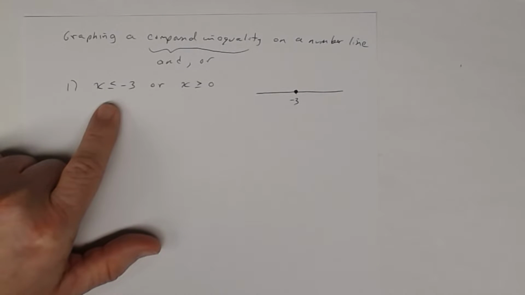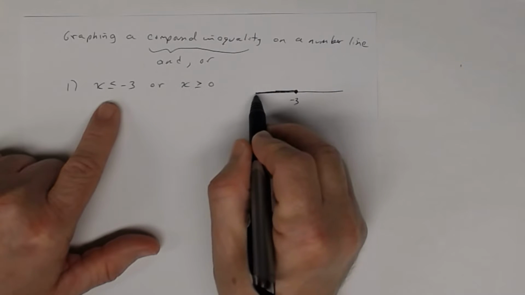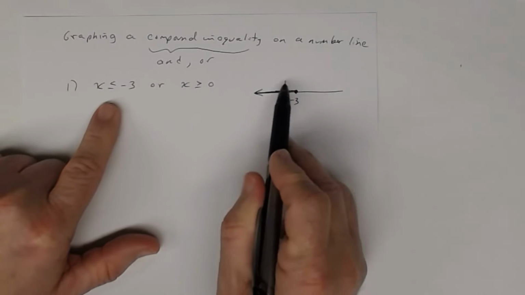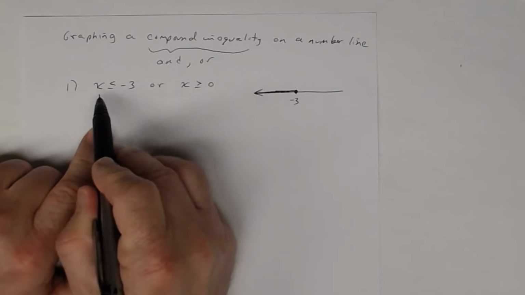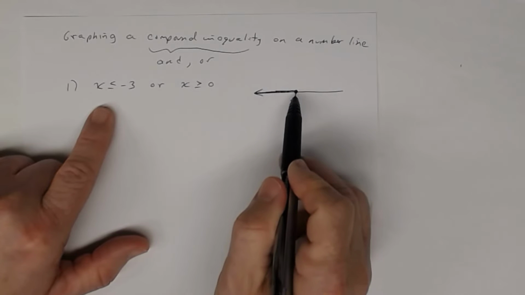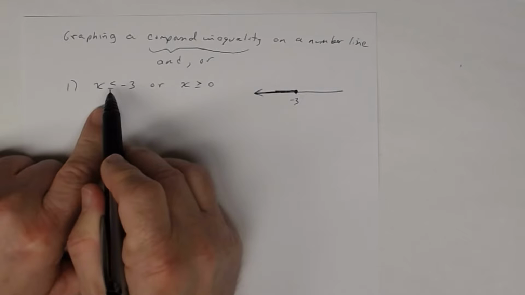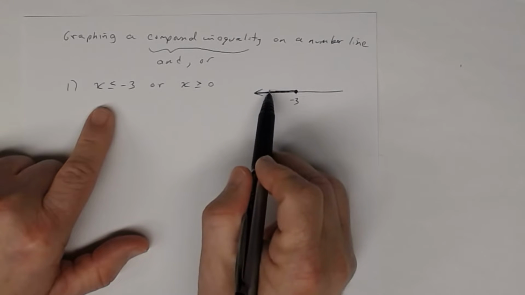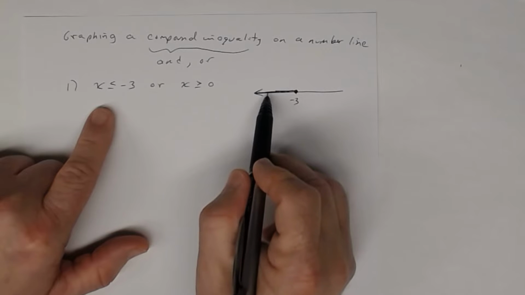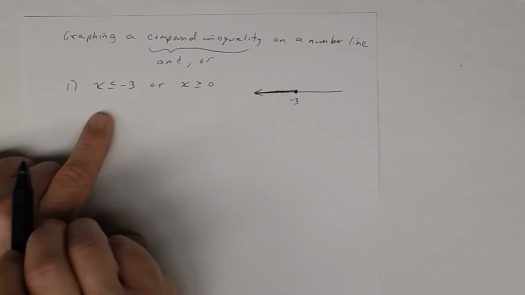So I'm going to use a closed circle, and I'm going to shade every real number to the left. What I've shaded is the solution to this inequality. So every real number less than or equal to -3 satisfies it. For example, -6 is in the shaded region. -6 is a solution because -6 is less than or equal to -3.